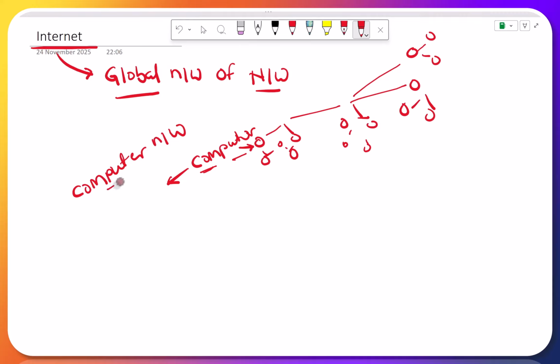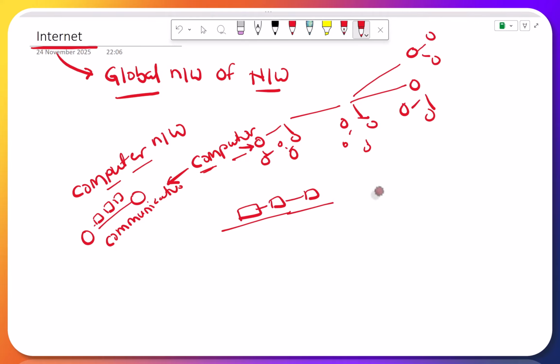So what is the purpose of a computer network? If you think of it, the purpose is just sharing of information and communication. Okay. It is basic, right? Why do we make a network? We have a train network in our country. Why do we have a train network?